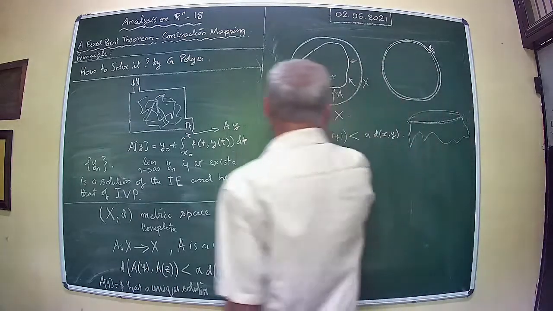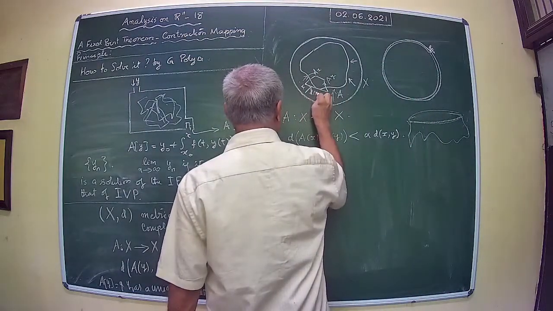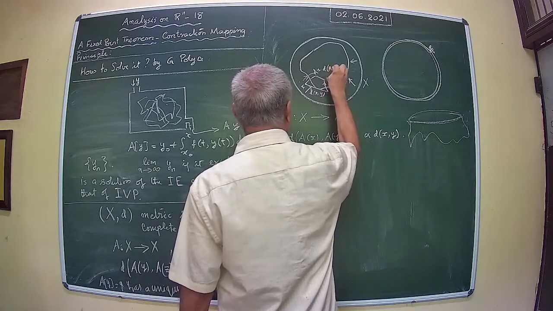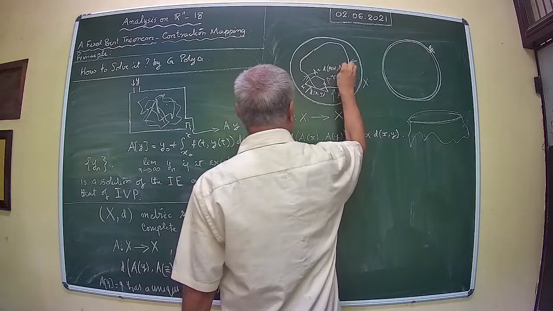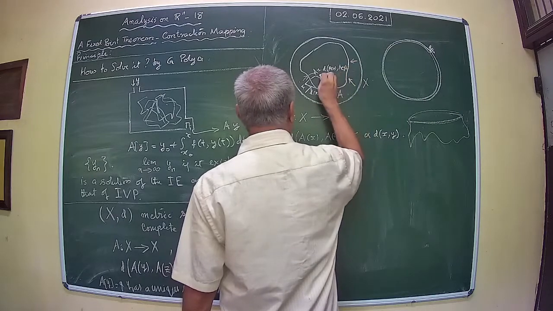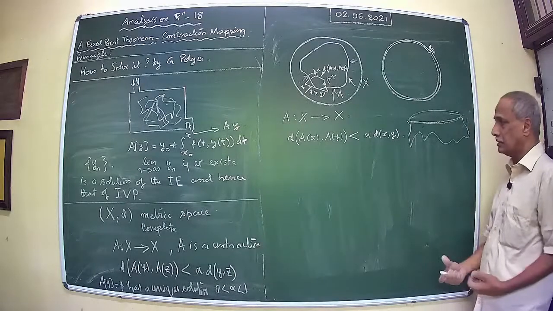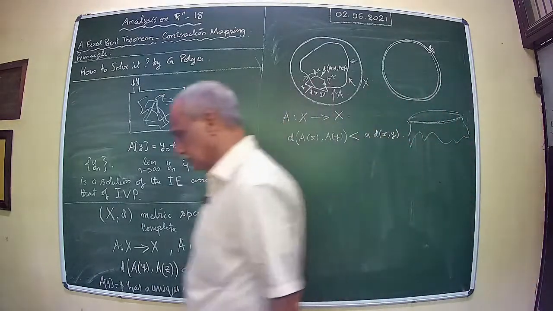So this is d(x, y), this is d(Ax, Ay). And you see that it contracts. That's why it's called a contraction mapping.